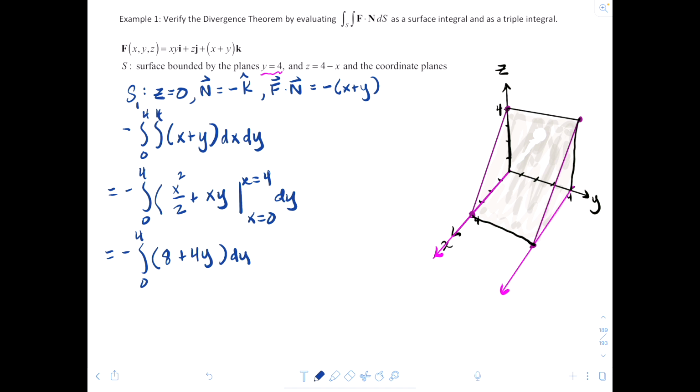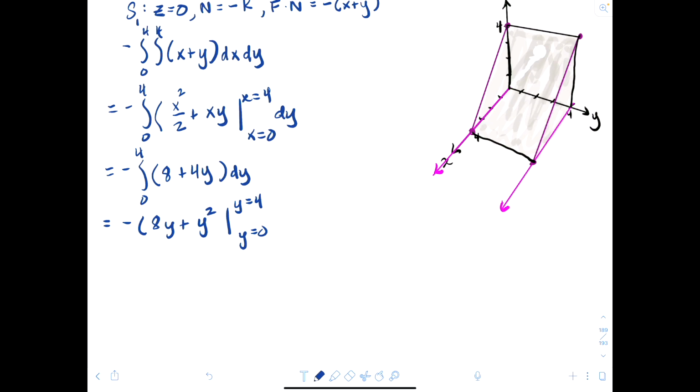dy. And then that would end up being negative 8y plus y squared, going from y is 0 to y is 4, which is going to give us, oh sorry, that would be 2y squared. Not all of that 4 was divided out. So 2y squared.